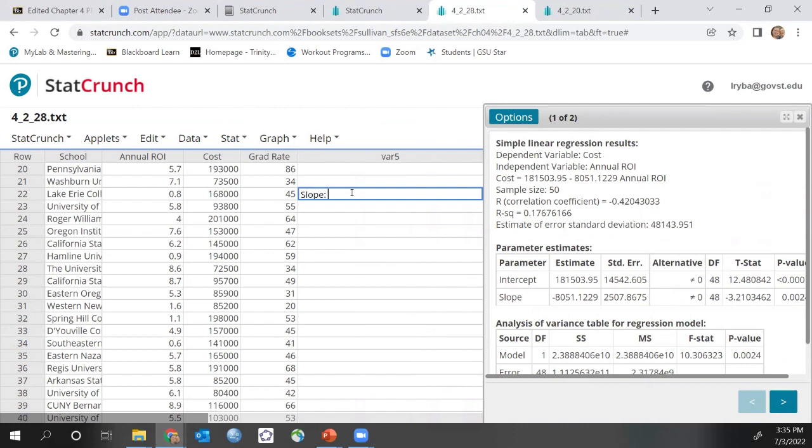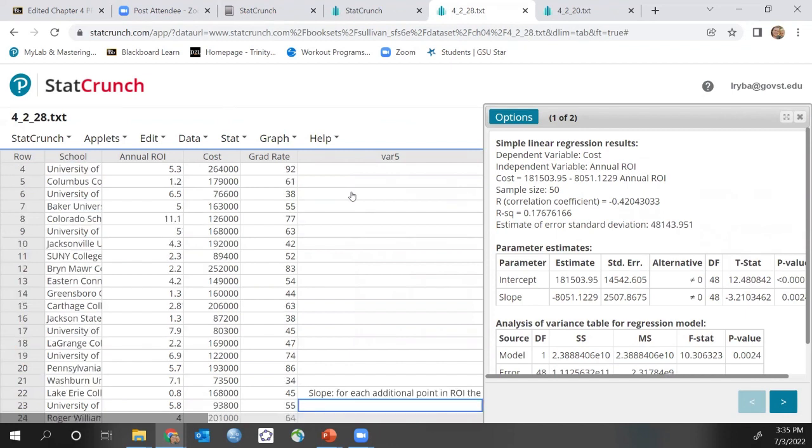The slope: for each additional point in ROI, the cost goes down, decreases by, and this is going to be money, so $8,051.12.